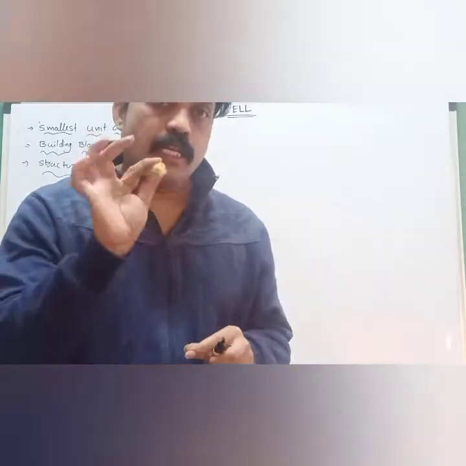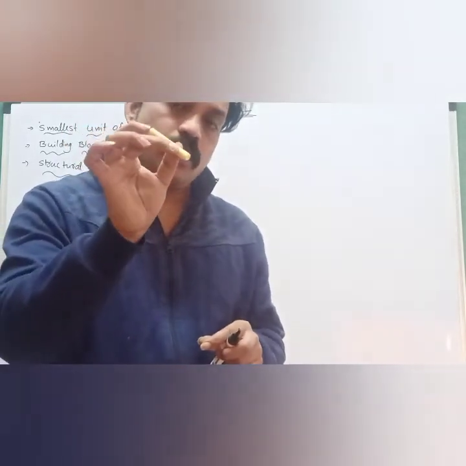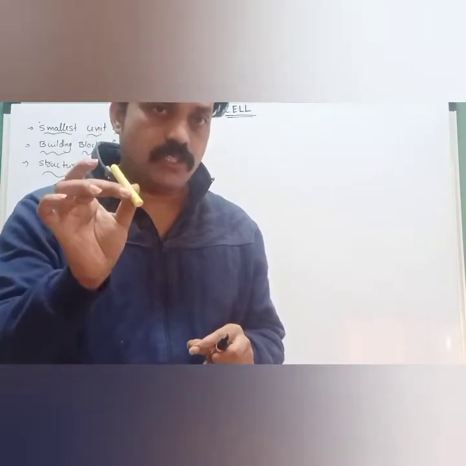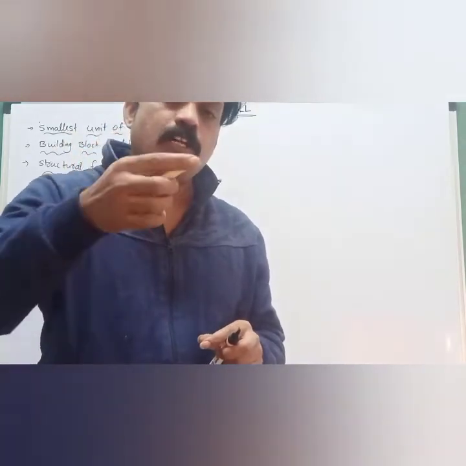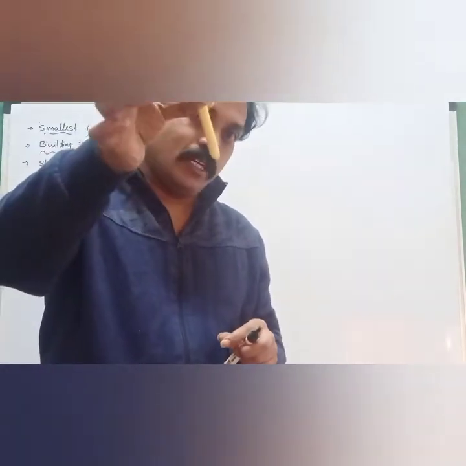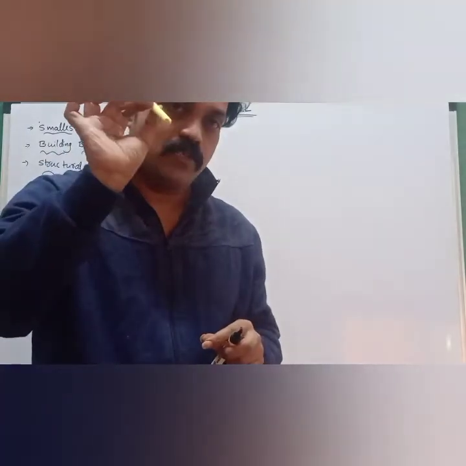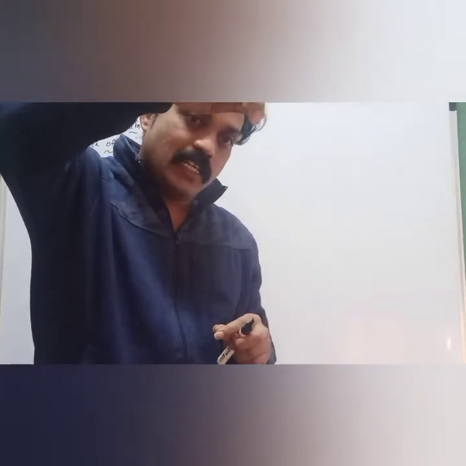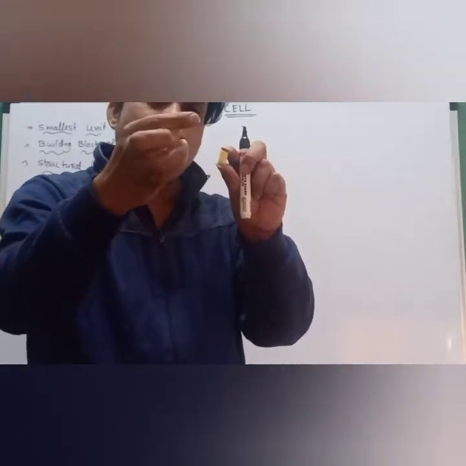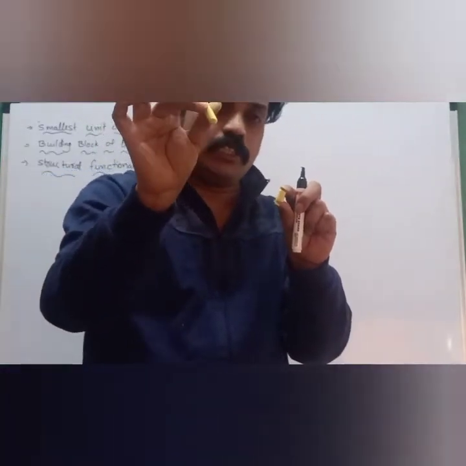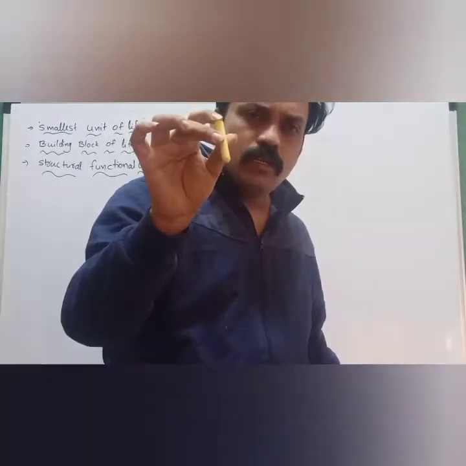Any object in chemistry, whatever thing, is made up of what? Small particles. These particles combine and form this object, this piece of chalk.